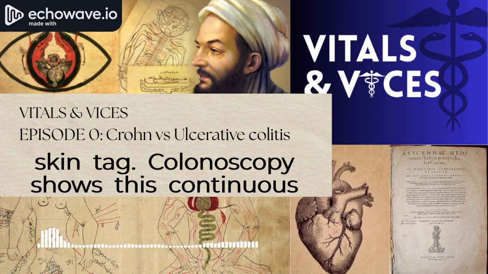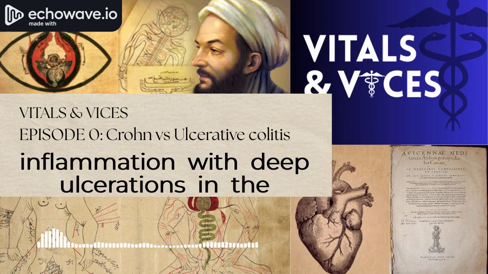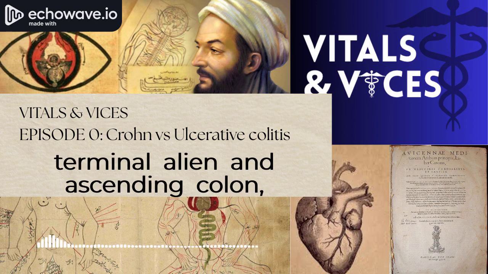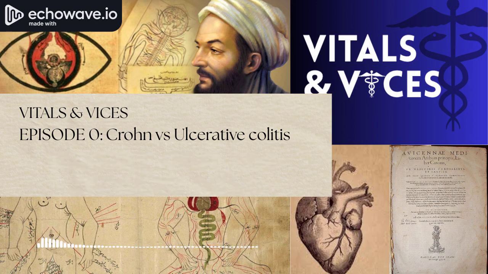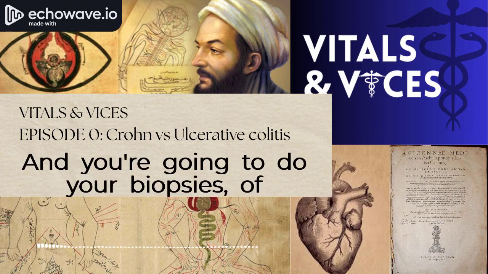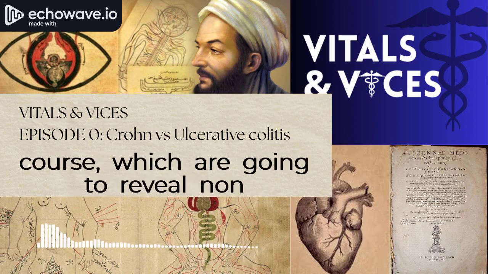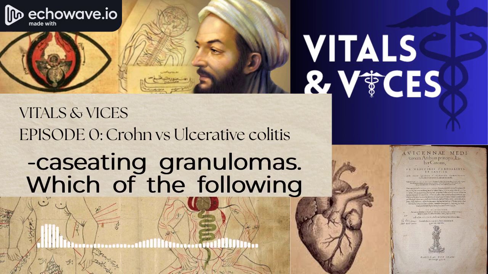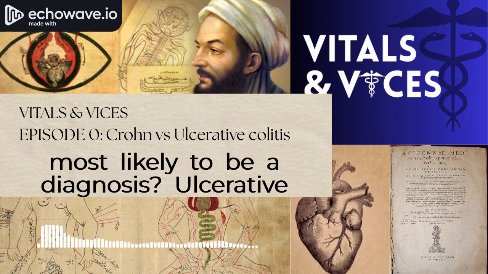Colonoscopy shows discontinuous inflammation with deep ulcerations in the terminal ileum and ascending colon, interspersed with normal appearing mucosa. You're going to do your biopsies, of course, which are going to reveal non-caseating granulomas. Which of the following is the most likely diagnosis?